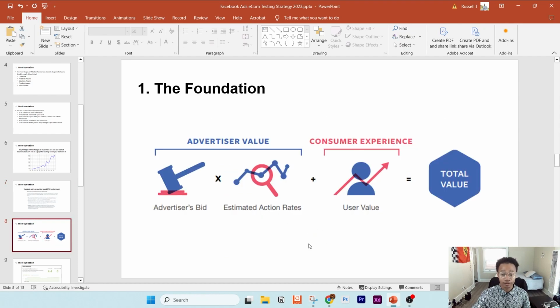That's why I usually tend to value user value as well. So post-click experience to your landing page, your product page, whatever page you're driving your traffic to, right? If it's slow and clunky and your web page takes like 20 seconds to load, that's a bad experience for the end user, and Facebook is going to penalize you for that.